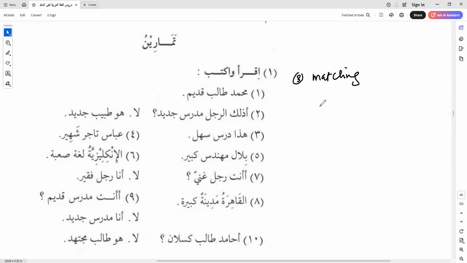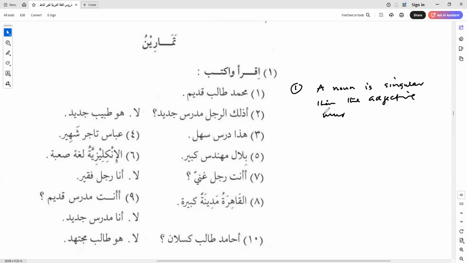If the noun you're talking about is singular, then the adjective must be singular, and vice versa.